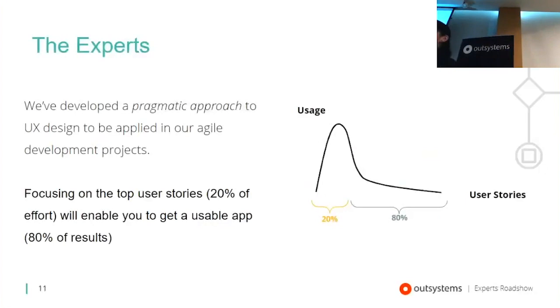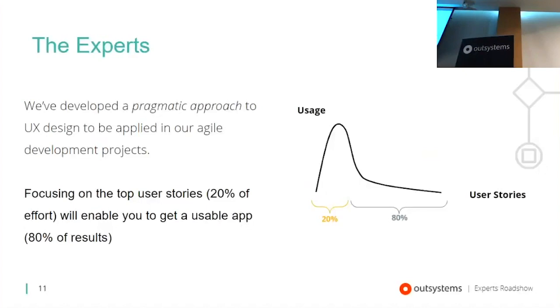So let's talk about our pragmatic approach in OutSystems for user experience design. And our 80-20 rule is one of our favorite rules. What it means in terms of design experience is that we have a very pragmatic approach to adopt for agile development.